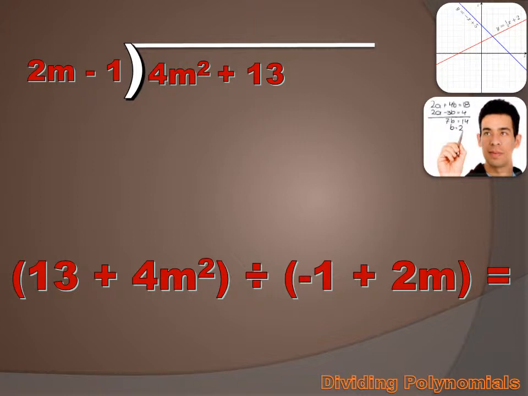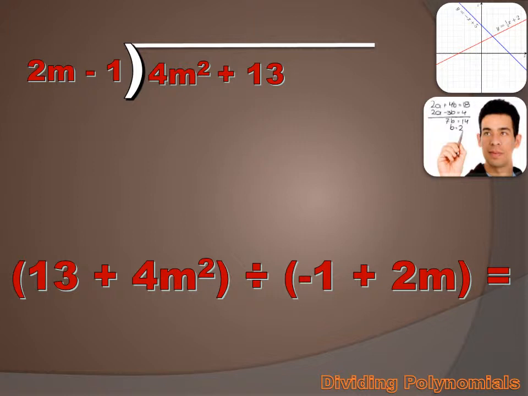We're not done yet. I can see that my first term in my dividend is m squared, or 4m squared. But I don't have then an m to the first power term. I go directly to a constant number, 13. And I'm going to need to insert an m to the first power into there.